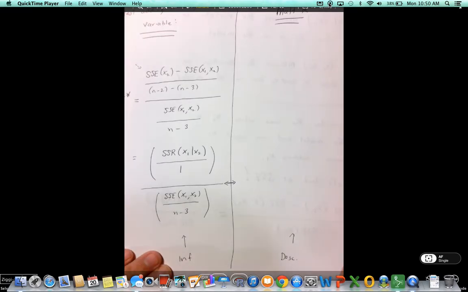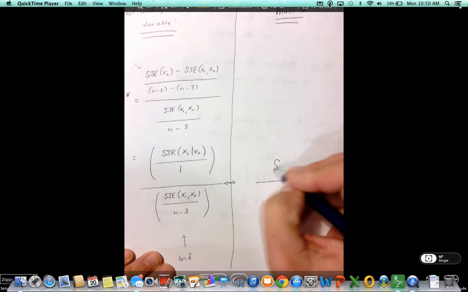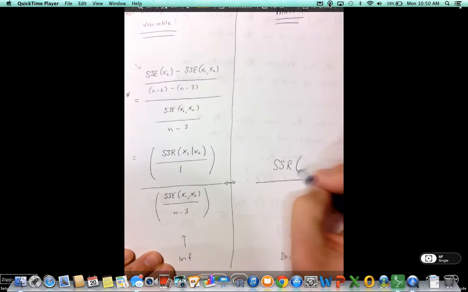So, guys, we take out our degrees of freedom, and it turns out that the right-hand side just has sum of squares regression for x1 added to the model with x2 in it.